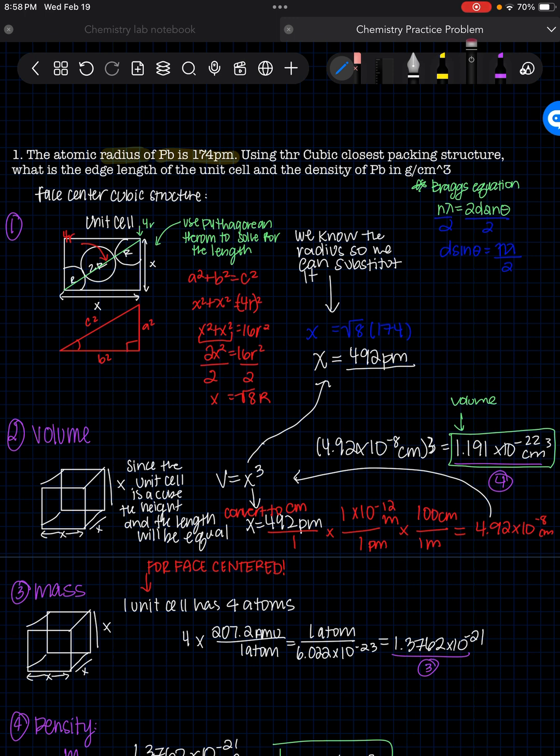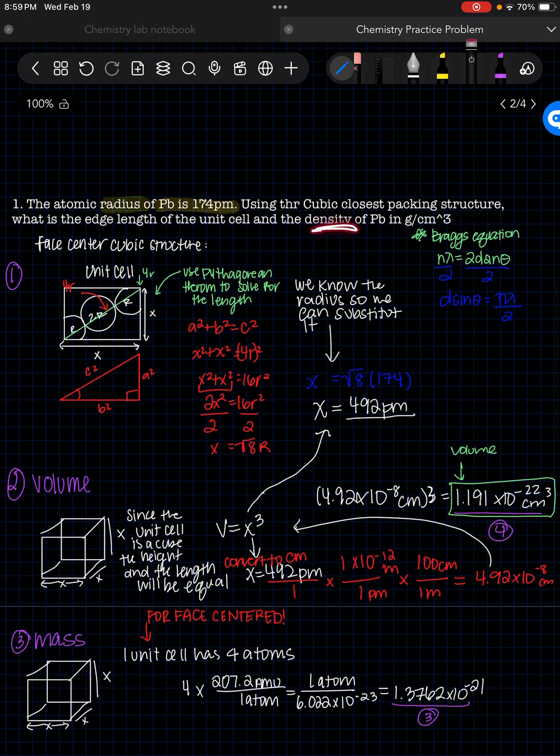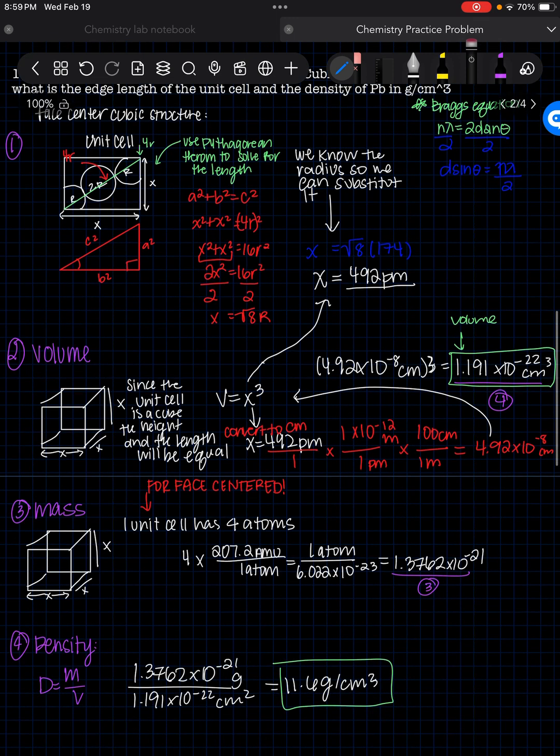So now that you know the edge length, you can use that to find your volume, which is the second step, because we're trying to find density. And we know that we need 2 parts to find density, which is density equals mass over volume. To solve for volume, know that this is a cube, so all of the sides are the same.